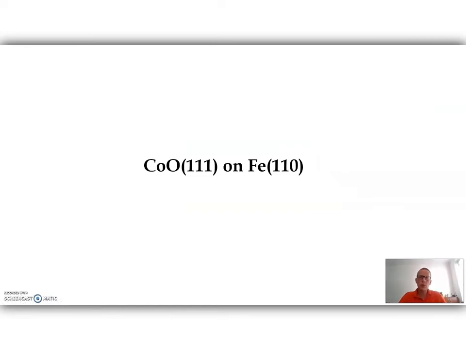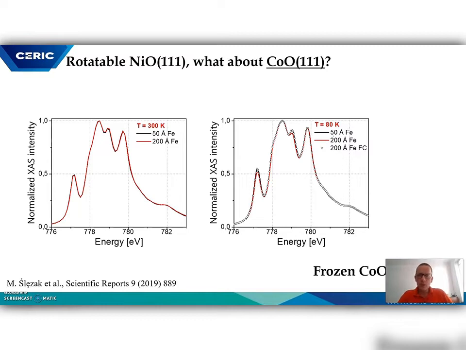Now I switch to cobalt oxide 111 on iron 110, so the system is isostructural with nickel oxide on iron 110, and here are absorption spectra of cobalt oxide around the L3 absorption edge this time.